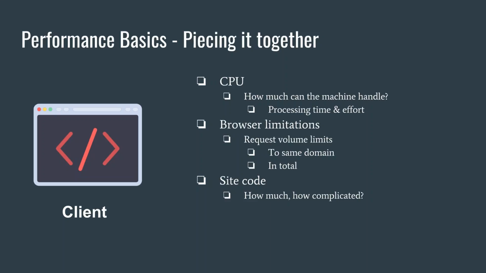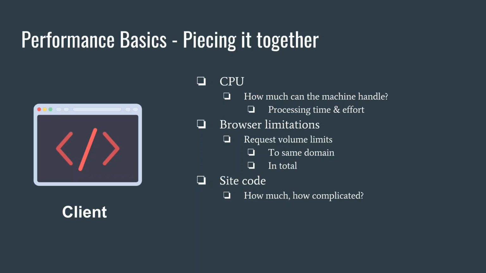So with these browser limitations on request volume, say you have a website with 100 tags loading on a particular page. Each one might be sending multiple requests, because it might send out a request, get information, process it, send it out, process it, come back, pinging back and forth.